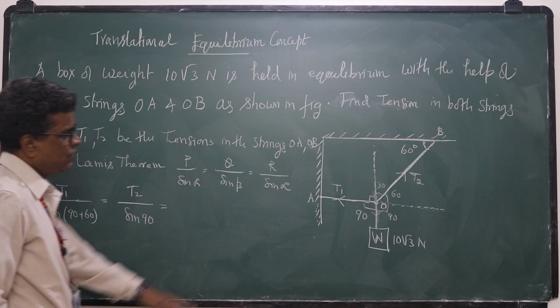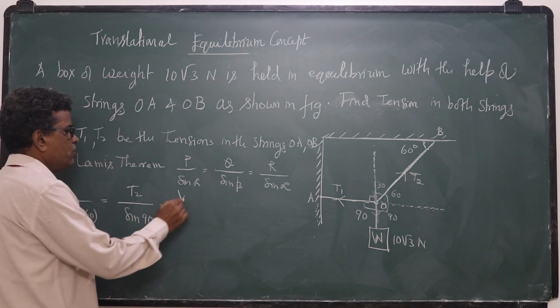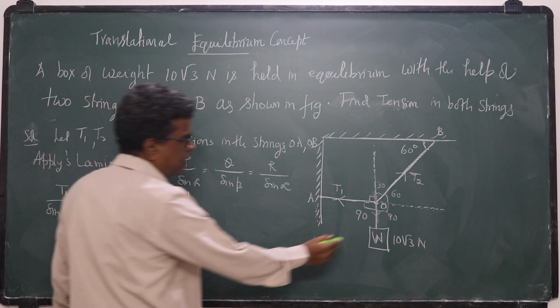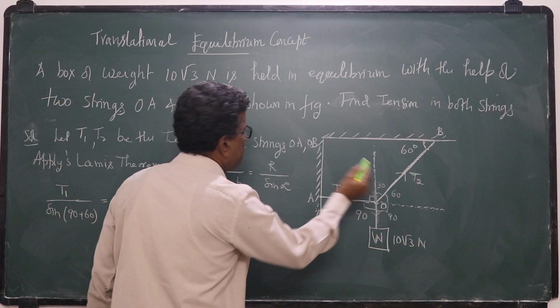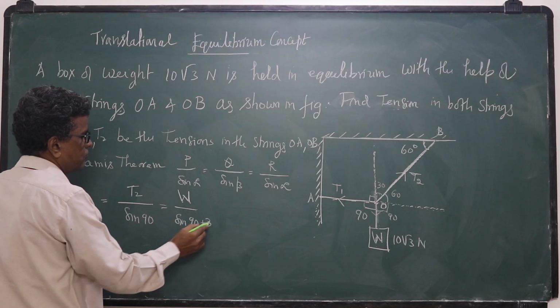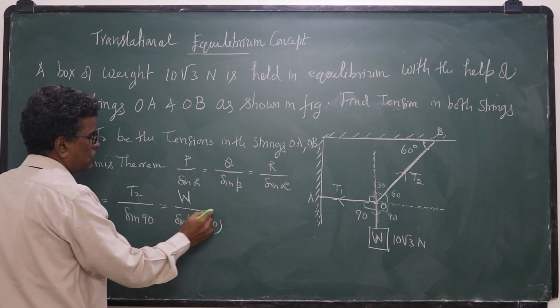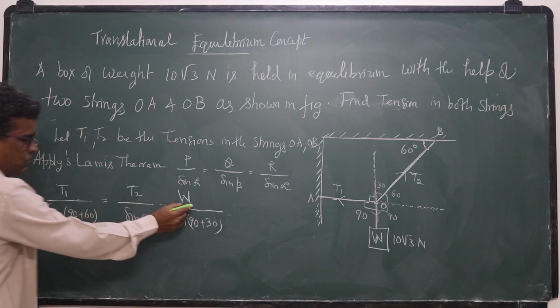And W by its opposite angle, 90 plus 30, so sin(90 plus 30). I want T1, so I am equating these two.